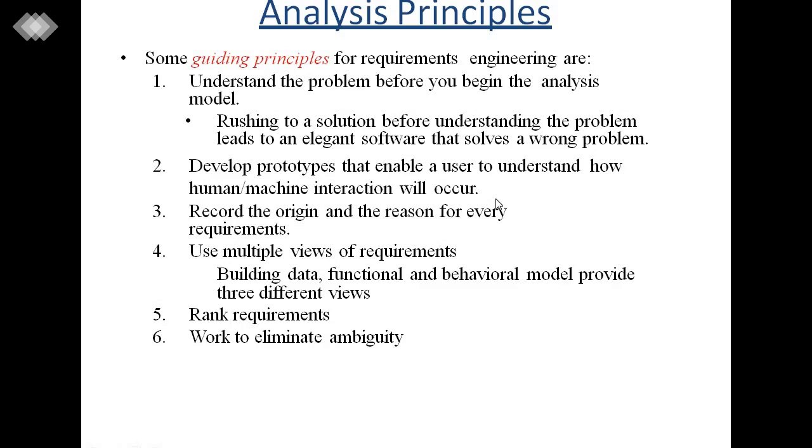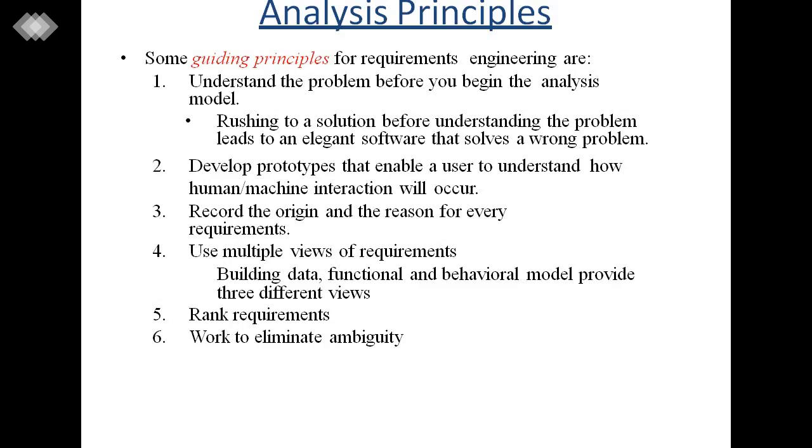Some other principles related to requirement engineering are helpful for our requirement analysis. First is understand the problem before you begin the analysis model. Second, develop prototypes that enable a user to understand how human or machine interaction will occur.